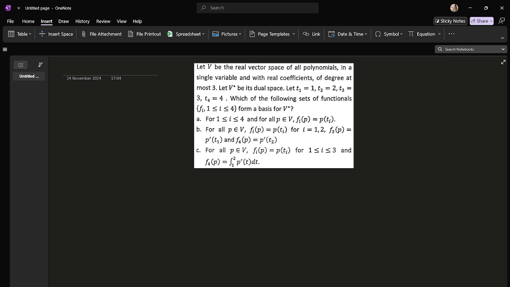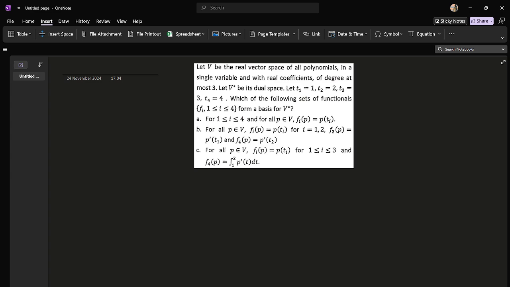So this question is from 2015. The question says: let V be a real vector space of all polynomials in a single variable with real coefficients of degree at most 3.